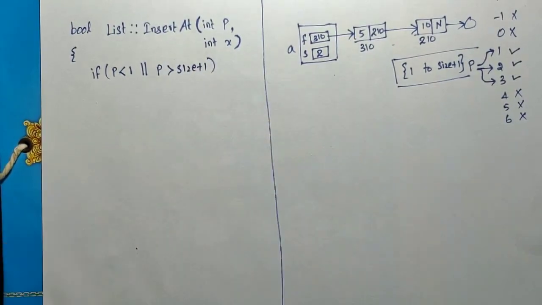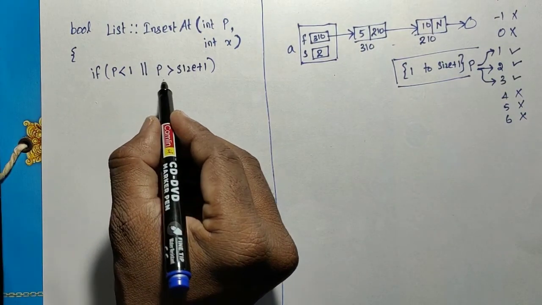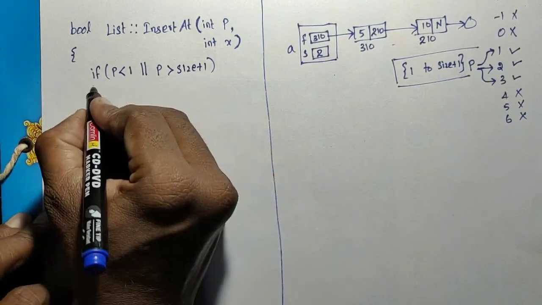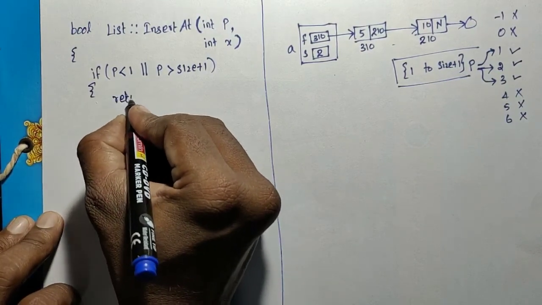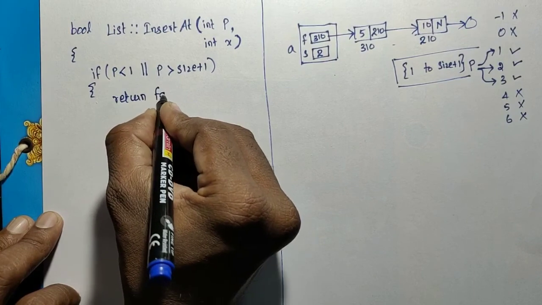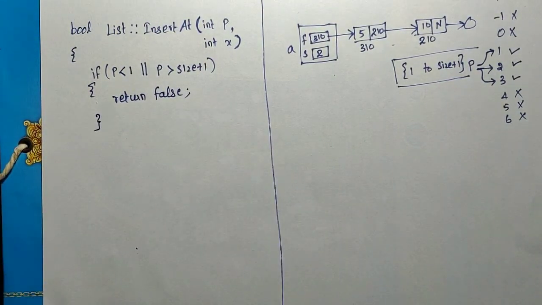P may go up to size plus 1, but if it is greater than size plus 1, then it is invalid. So we are checking if P is less than 1 or P is greater than size plus 1. It is an invalid index, so I have to return false.